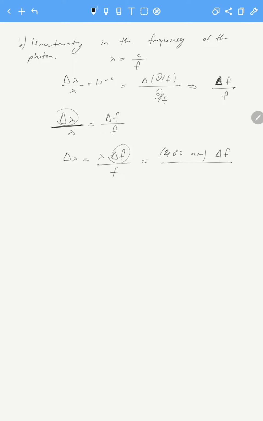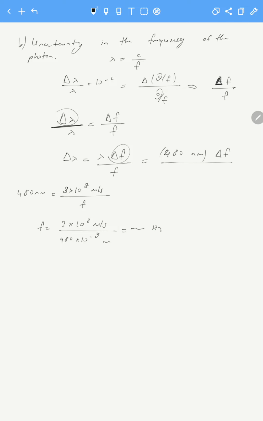The frequency is c over lambda, with c in meters per second, and some frequency.